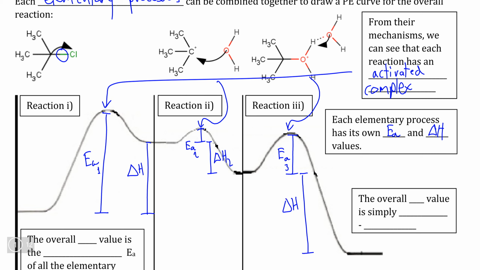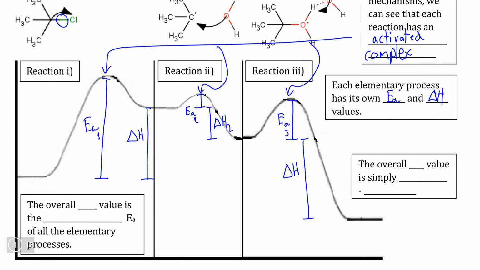We can see the final delta H value is here. Now we know from Hess's law that if we wanted to calculate the overall delta H, all that we would need to do is add the individual delta H values together, and it should give us the overall delta H value. However, we don't actually need to do that if we're looking at a potential energy curve like this.